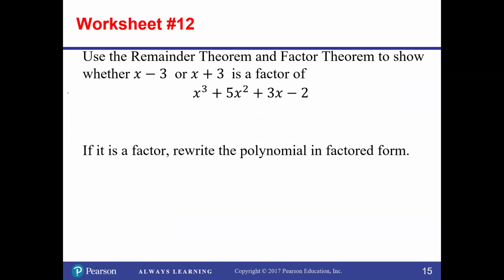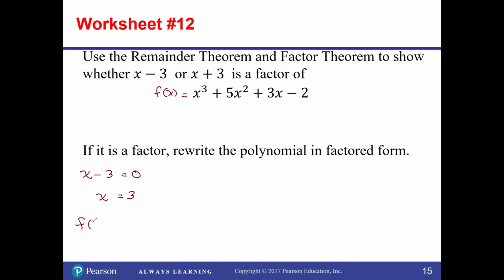All right, so once again, we have two choices. We want to see if x minus 3 is a factor. So if we set it equal to 0, we'd get x is equal to 3. So like I said, think of this as just being f of x equals x cubed plus 5x squared plus 3x minus 2.